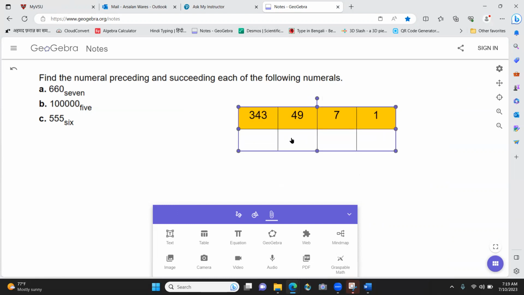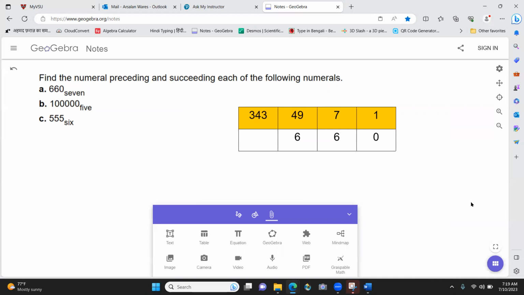My number is 660. Let's put everything in the center. That means I have 0 ones, I have 6 sevens, and I have 6 49s. Using your calculator, you can convert it to base 10, but I'm not going to do it.